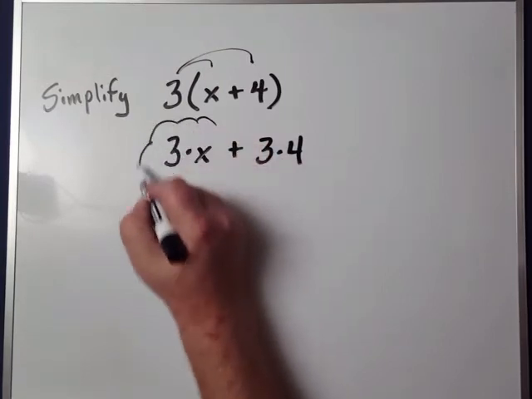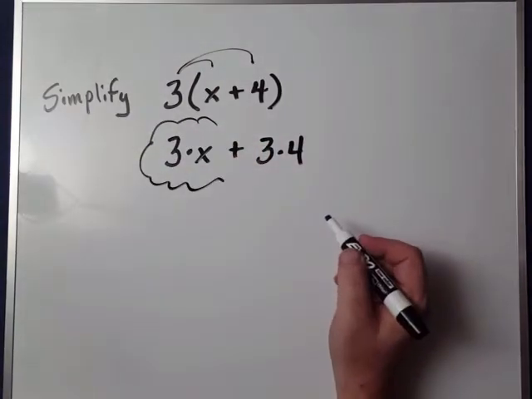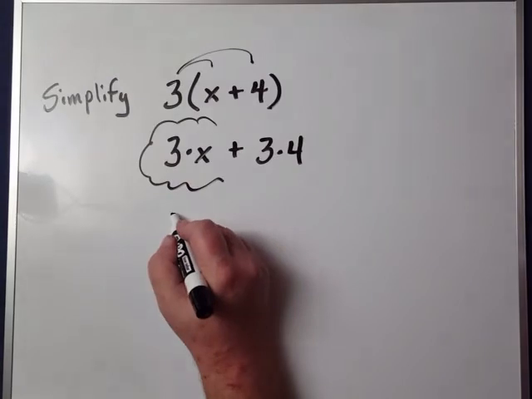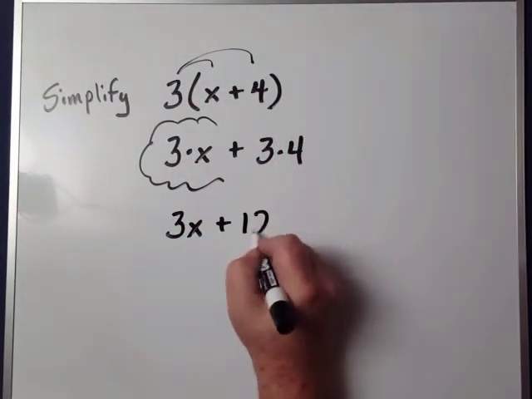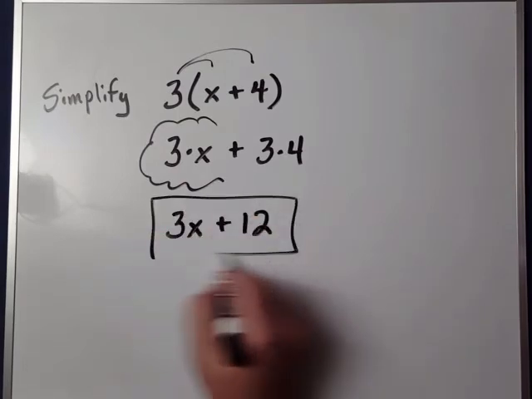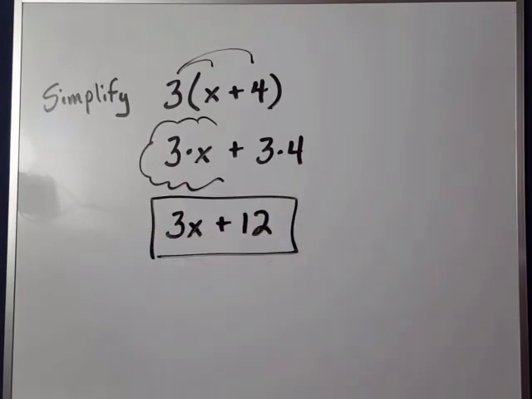This is typically a mental step. We look at that and we say 3 times x is 3x. 3 times 4 is 12. And that's simplified. The distributive property allowed me to go around the normal order of operations. And that is a very powerful tool.